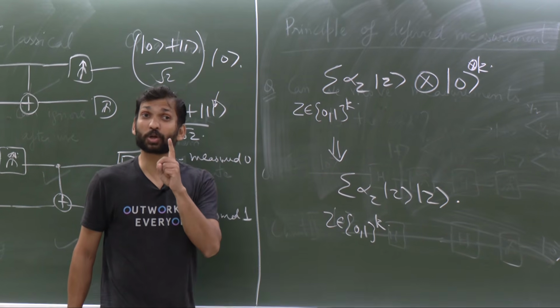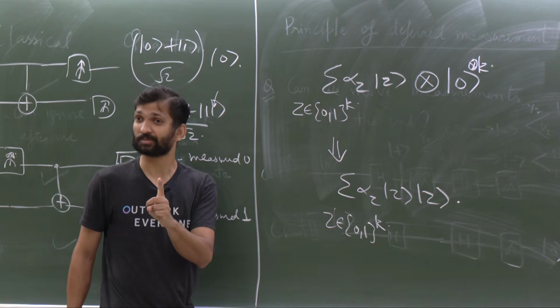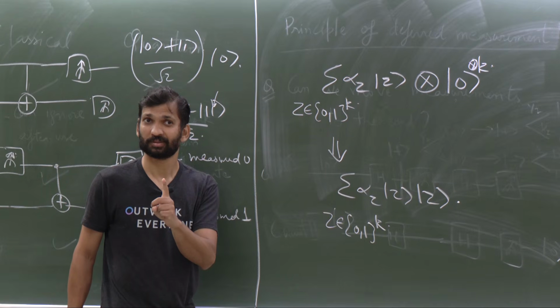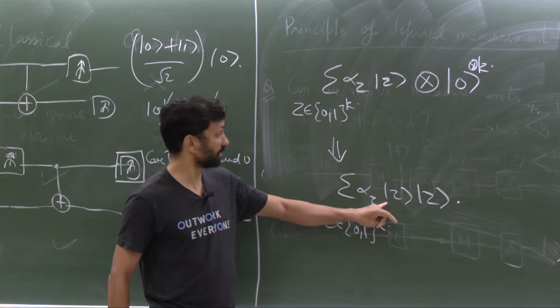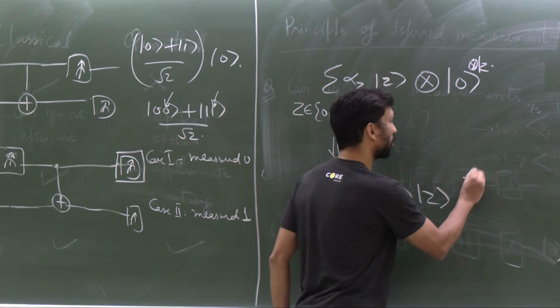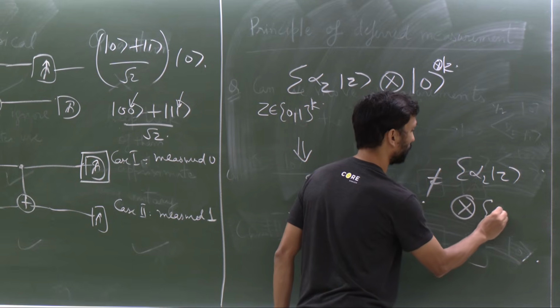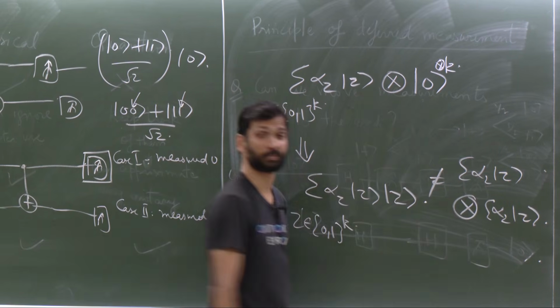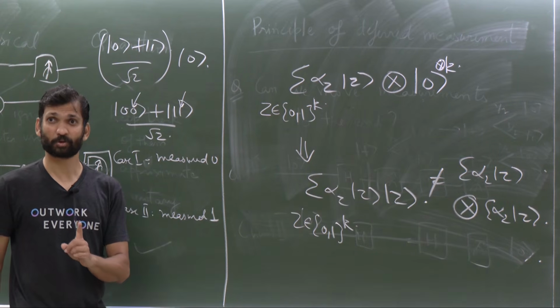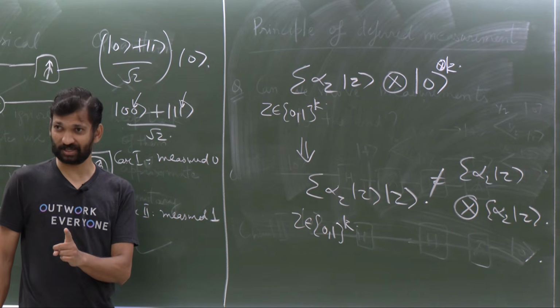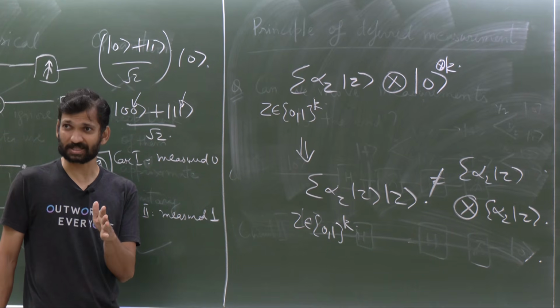Notice we are not copying the entire quantum state. This state is not equal to the copy; we have not copied the entire state. This we have seen last time also.